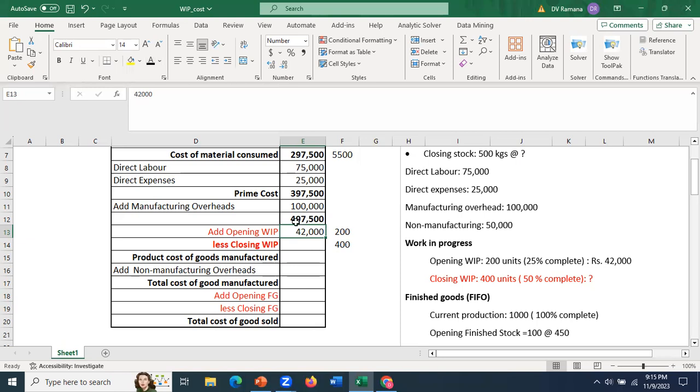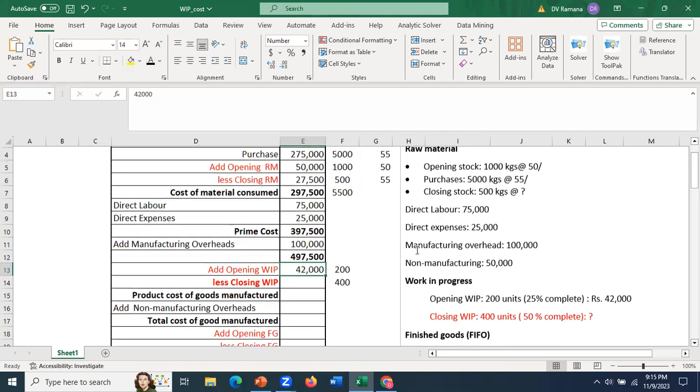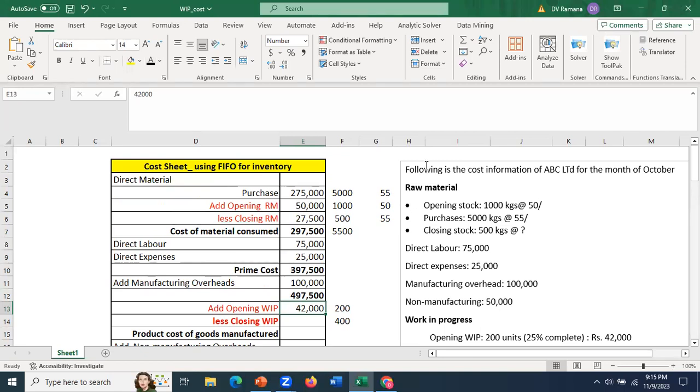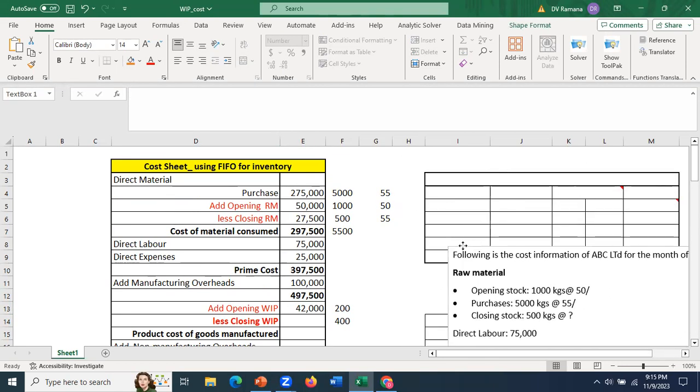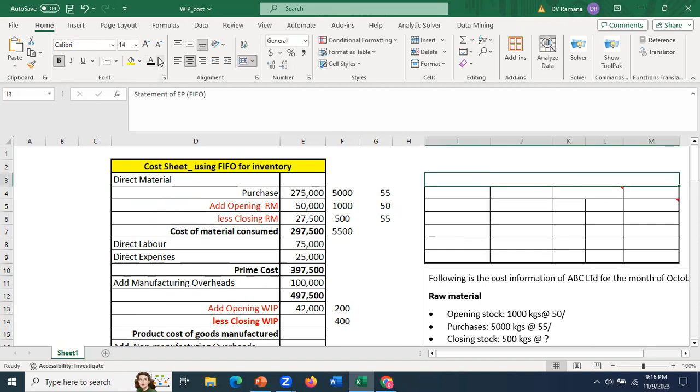Should I divide 497,500 by 1,000 into 400? It's inaccurate costing. Therefore, as a working note, we will prepare the statement of equivalent production using FIFO. What will the statement of equivalent production have? It will show the various types of inventory: opening work in progress, closing work in progress, and finished stock.